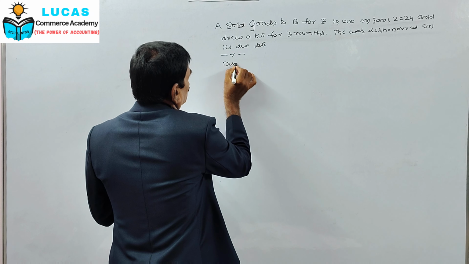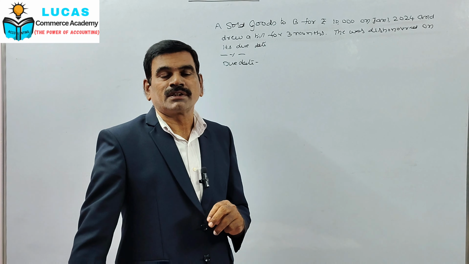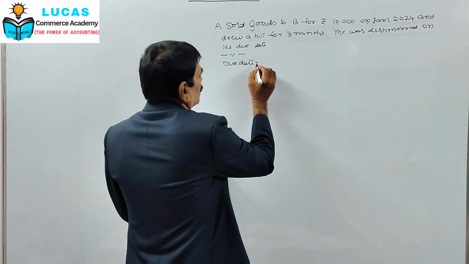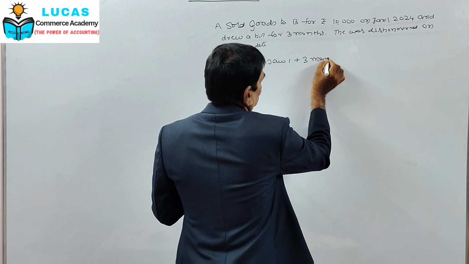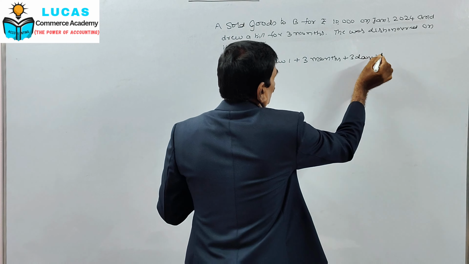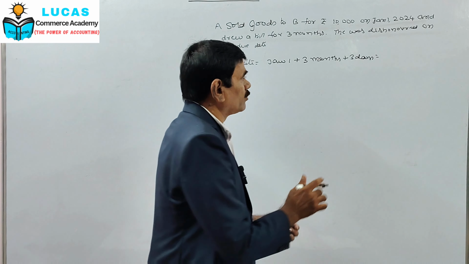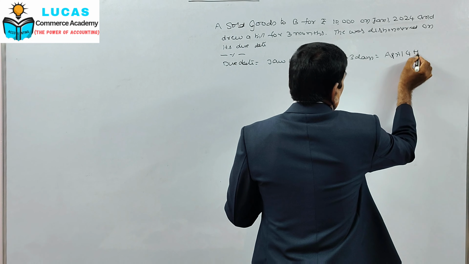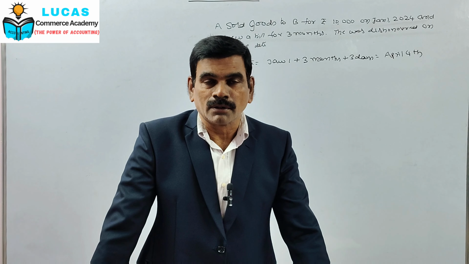Our due date is January 1st plus 3 months plus 3 days. That means April 4th. So, April 4th is our due date.